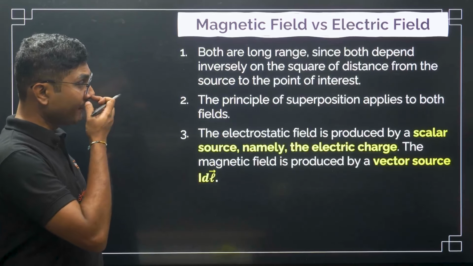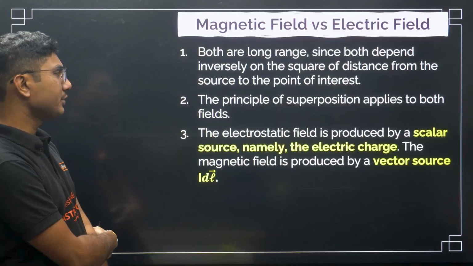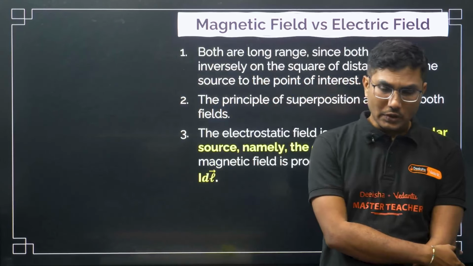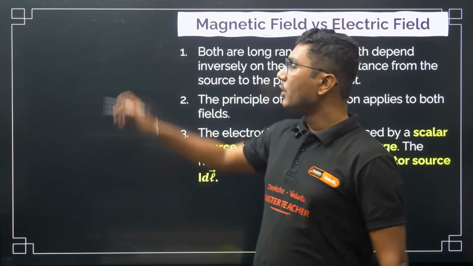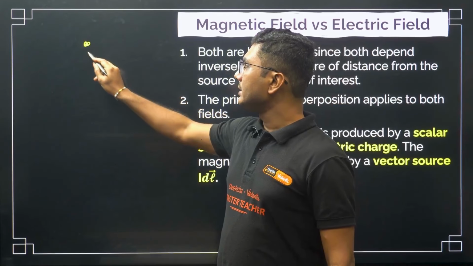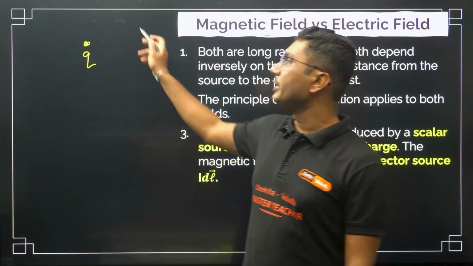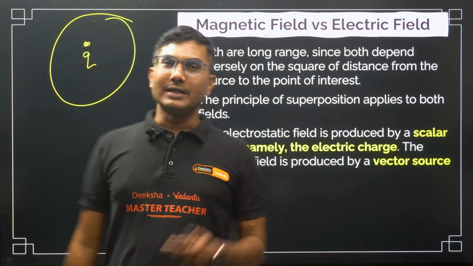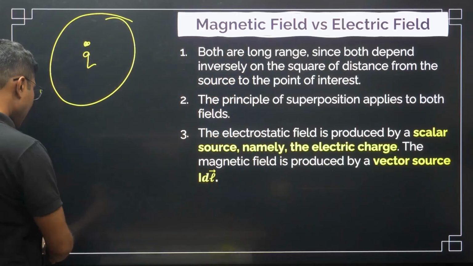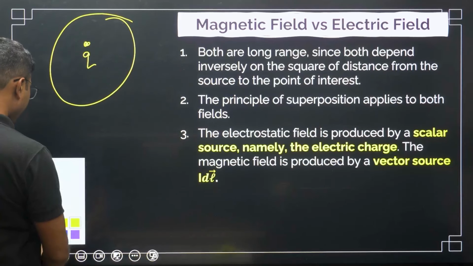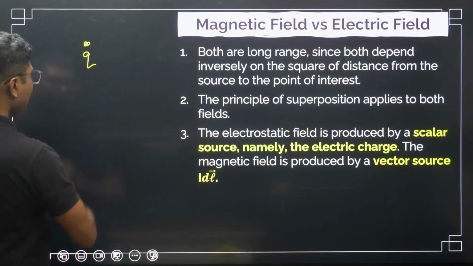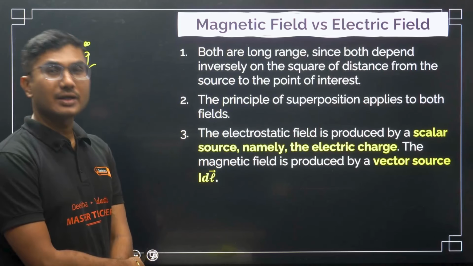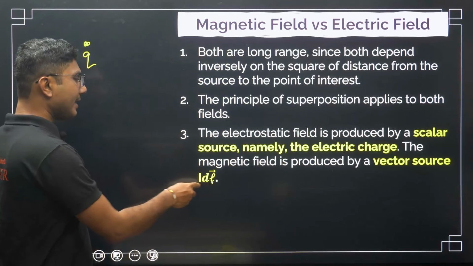The electrostatic field is produced by a scalar source, namely the electric charge. In case of electric field, we had a source, that is a charge. If you have a charge, there will be an electric field around this charge, right? And that is a scalar source, because charge is a scalar quantity. Whereas magnetic field is produced by a vector source. What is that? I dl cross r cap.